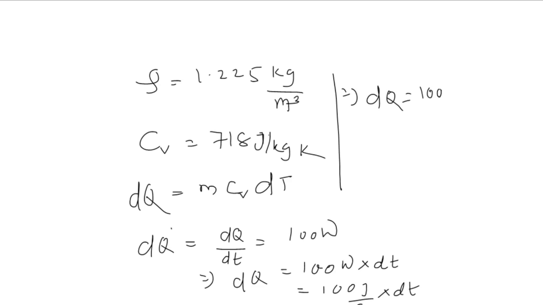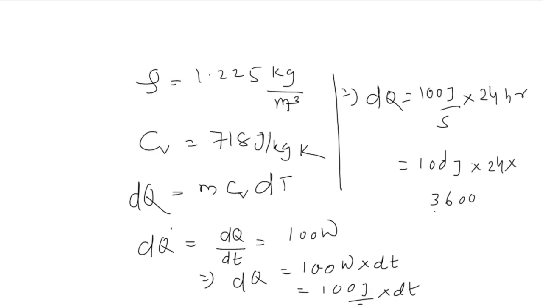That implies dQ equals 100 joule per second into the time period, which is given as 24 hour. In order to convert it into seconds, we multiply 100 joule into 24 into 3600, because 1 hour equals 3600 second.